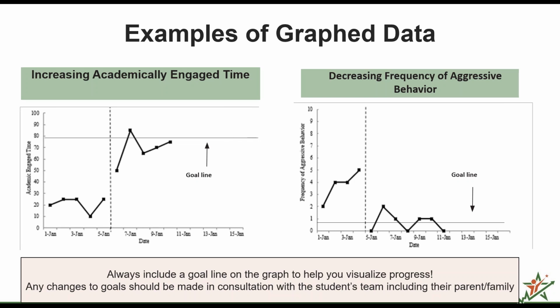So you see we have some sample graphs here depicting student performance. And we always want to include that goal line so that we can visualize progress. Once we've articulated that in advance, it'll be pretty clear what we need to do if we're meeting that goal consistently or not. And then we can engage in some data-based problem solving in real time as we see those data. So I really encourage folks to be mindful about graphing those data in an ongoing way so that we can actually look at them, interpret them, and make decisions based on them.